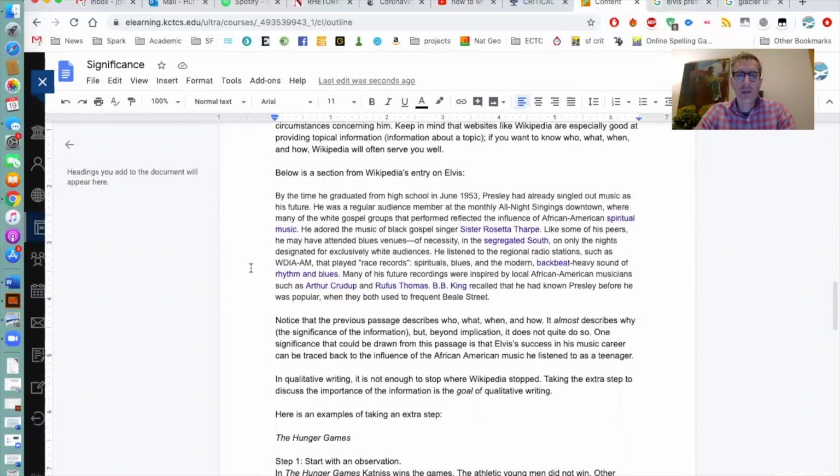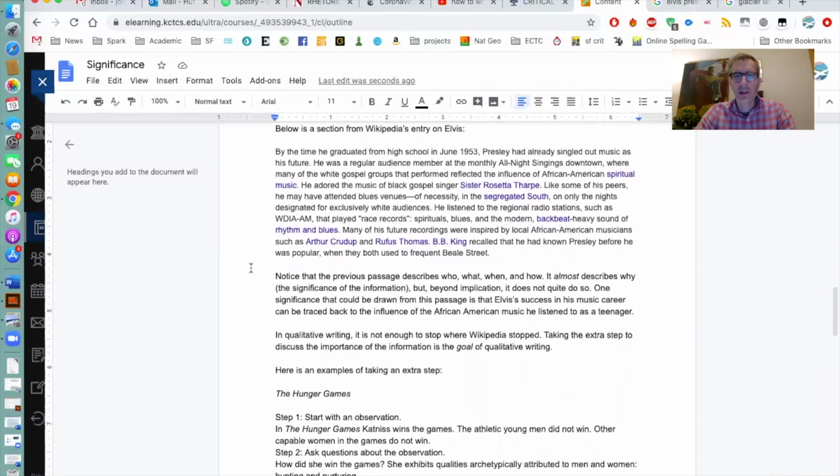Here's a section from Wikipedia's entry on Elvis. By the time Elvis graduated from high school, June 1953, he had already singled out music as his future. He was a regular audience member at the monthly all-night singings downtown, where many of the white gospel groups that performed reflected the influence of African American spiritual music. He adored the music of Black gospel singer Sister Rosetta Tharpe.